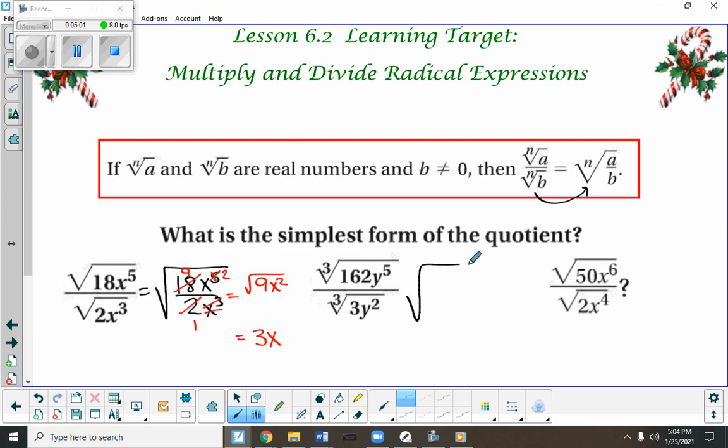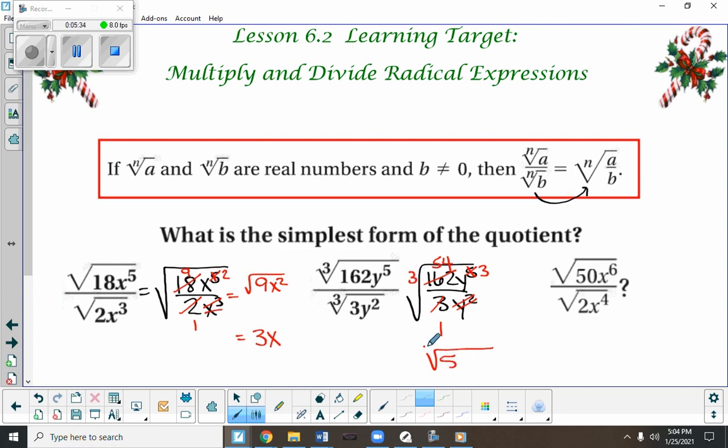In the next problem, let's put everything under one root because 3 goes into 162, and the y's will cancel. Some of them will. So 3 goes into 3 once. It goes into 162 54 times. And then y squared will cancel, and if you cancel 2 of the y's in the numerator, you'd have 3 left. So here's what we're left with. The square root of, oopsie, cube root.